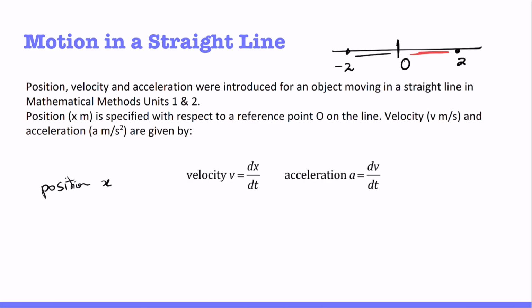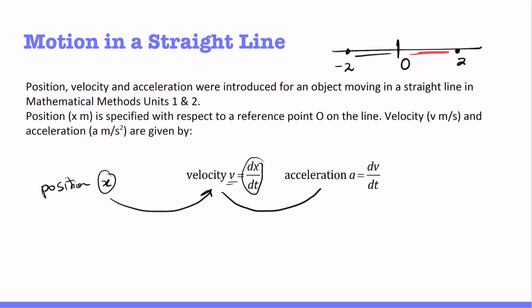Now the derivative of that actually gives me the velocity, which is sort of like speed, but it's not the same. Velocity also has a direction, so you can't have a negative speed, but you can have a negative velocity, which indicates that it's moving to the left side or downwards. So you can see that my position is x, and the velocity, which we call v, is the derivative of that position.